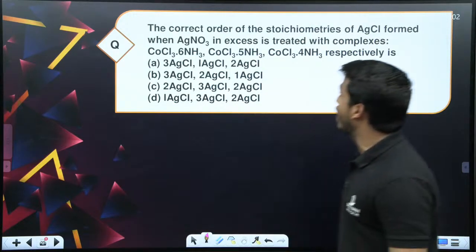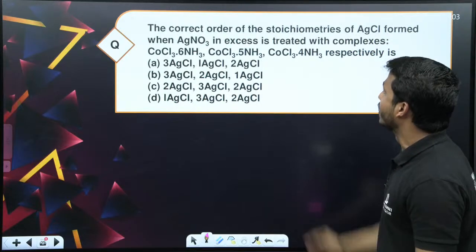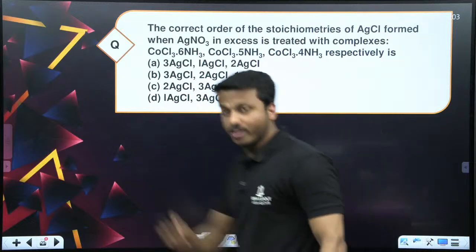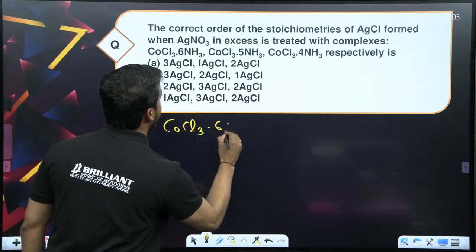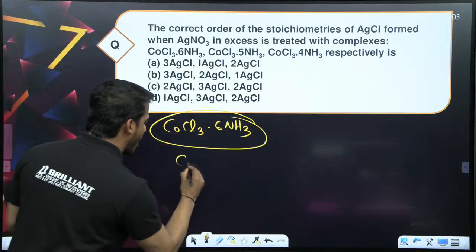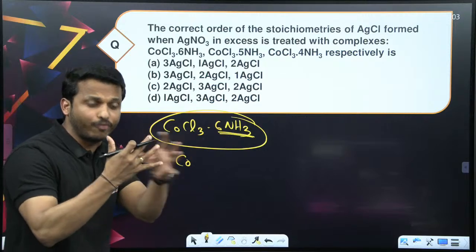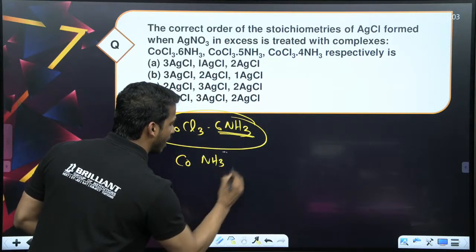Yes, good. Next one: the correct order of the stoichiometry of AgCl formed when silver nitrate in excess is treated with the complex. Dear all, the first complex is given as CoCl3·6NH3. Can you make the complex first? Cobalt is the metal. First of all you have to bond with the strong ligand. NH3 is a strong ligand.